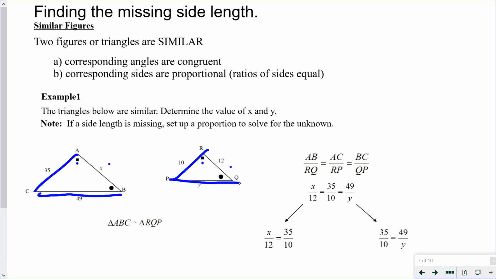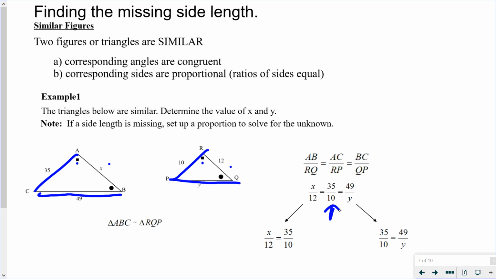Now in order to solve this, you have to make sure that you have one complete ratio, which is 35 to 10. And so we can take that ratio and set it equal to X over 12. If these two ratios are the same, then their cross products are equal. So we can do either the bat and the ball method, or the cross product method.